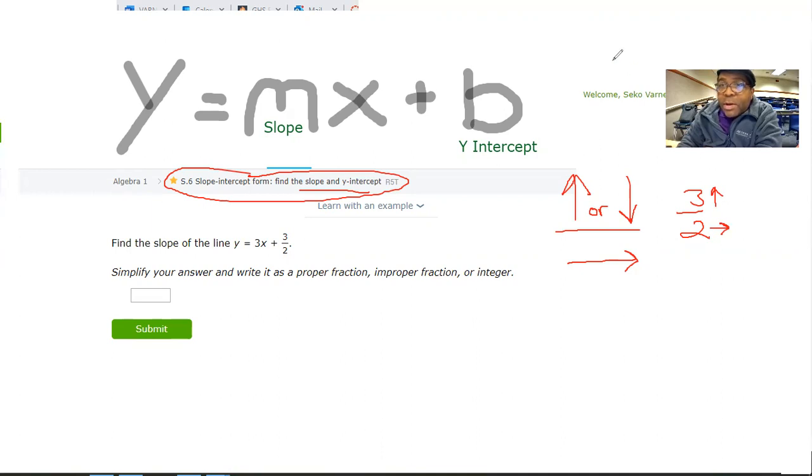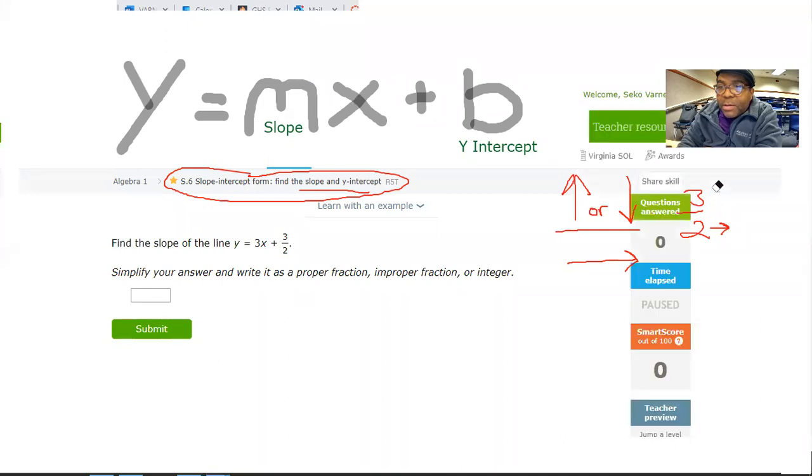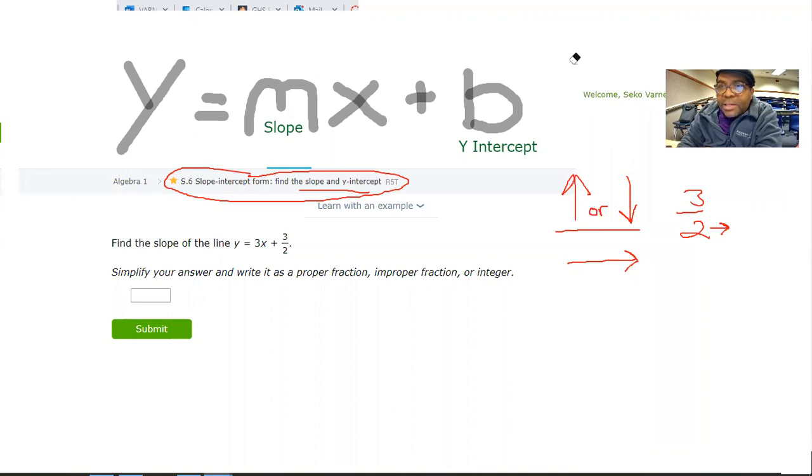It might also be a negative 3, and that'll be down 3 and to the right 2. So keep that in mind. It's either up or down, and then to the right.